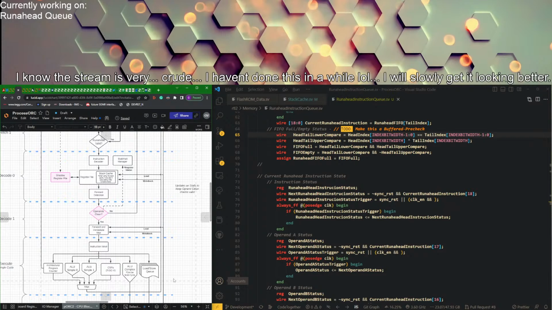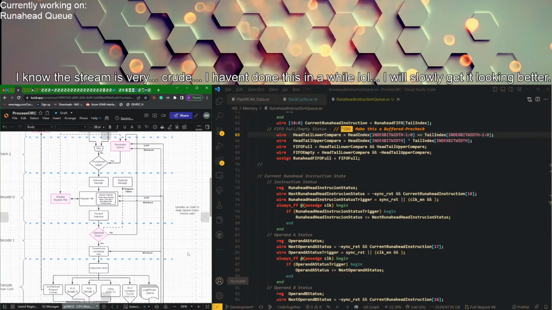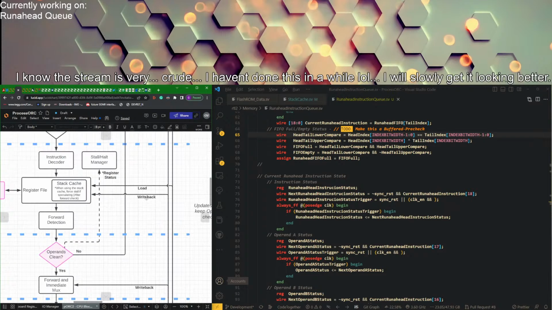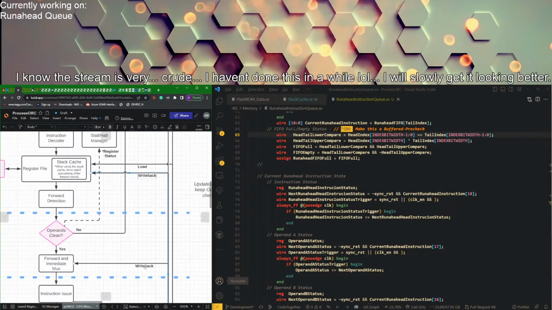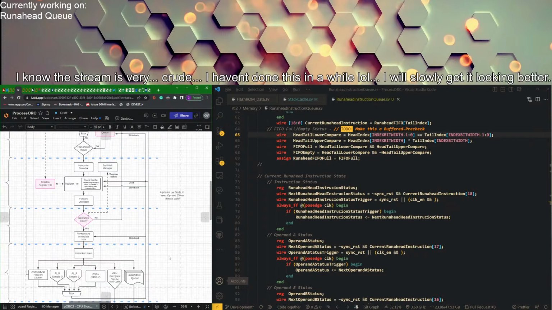Oh my god, I just realized something. When we made the forwarding system before, we had it forward the load, and it's literally impossible for the load to ever be forwarded in this stage of the pipeline because of the way the dirty bit works. It's just an actual impossibility. That's cool.